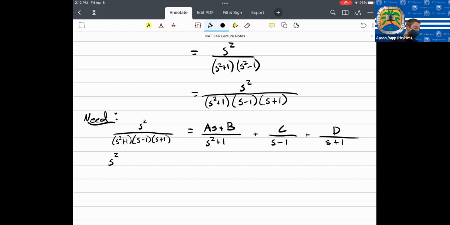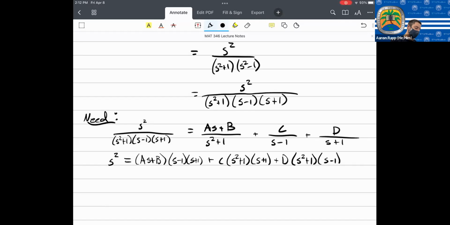So I'm going to get, after I multiply by the common denominator, as plus b times s minus 1 times s plus 1 plus c times s squared plus 1 times s minus 1 plus d times s squared plus 1. Wait, no, that's a plus 1, and then this is a minus 1.